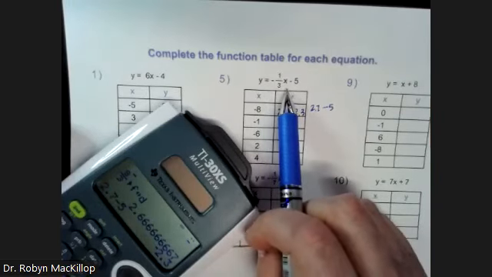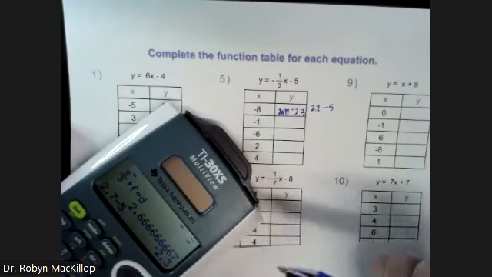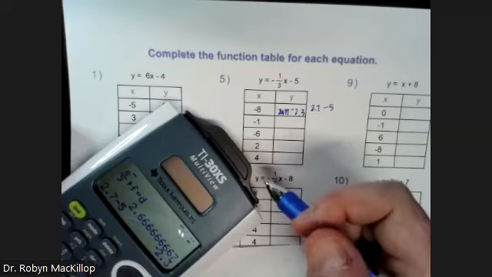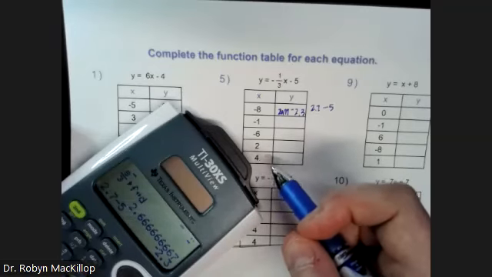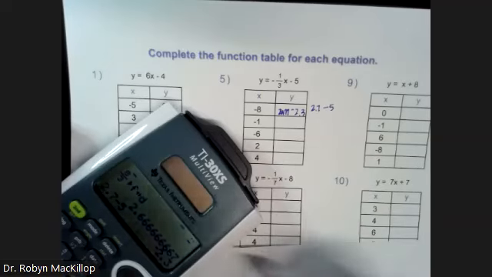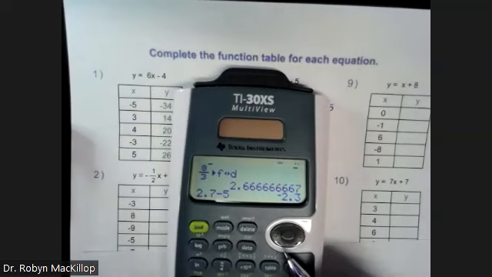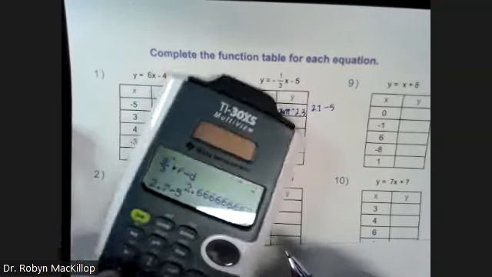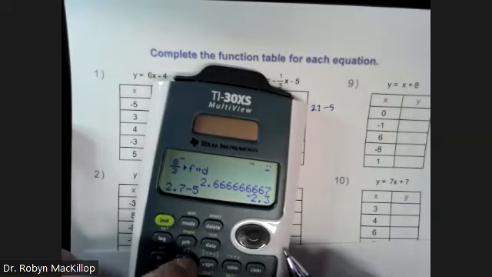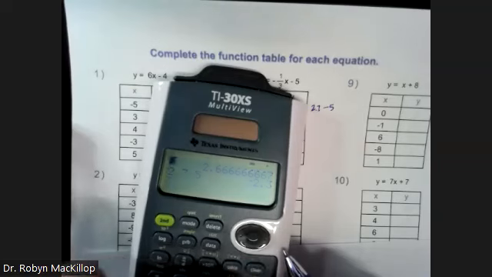-1/3 times -1 is going to be +1/3 minus 5. So 1/3 minus 5 is going to be -4 2/3. I think we can double check. Do the fraction key.